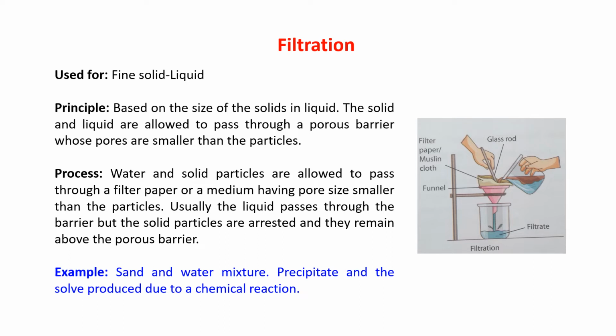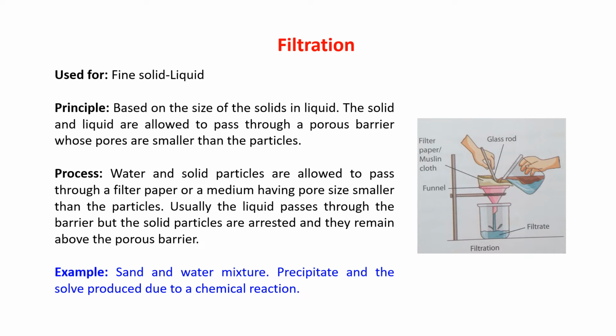So we are filtering the mixture with the filter paper. In this, the liquid will pass through the filter paper, but the solid particles will be arrested in the filter paper, above the filter paper. In our home, every day we use a sieve to filter the tea from soaked tea leaves. That is also a process of filtration.